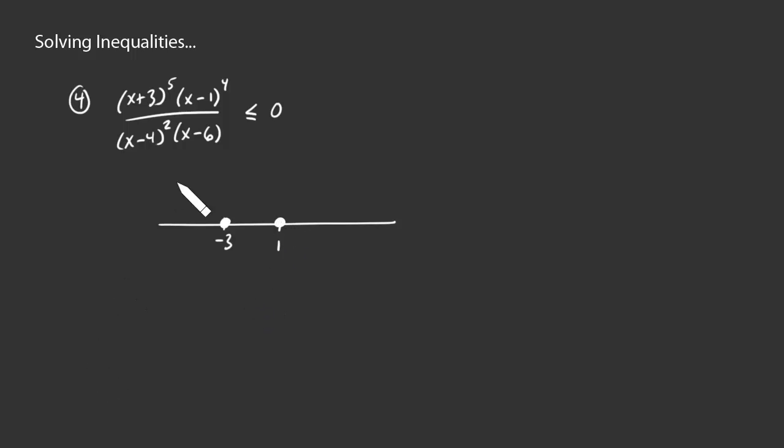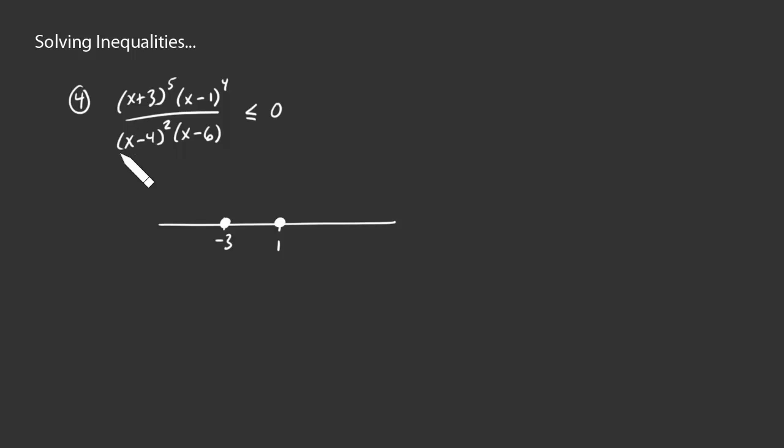There's a larger set of solutions, of course. There are also some values I can immediately exclude that can't be solutions. For example, when this fraction is undefined, when the denominator is 0, that can't be a solution. So letting the denominator equal 0 and solving, of course, that means either this factor is 0 or this factor is 0.